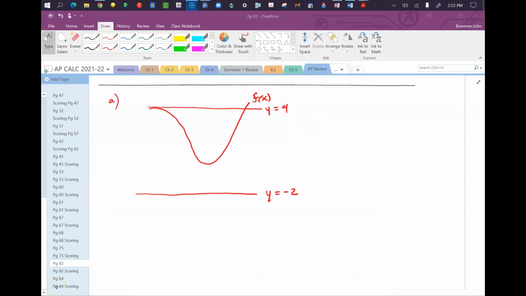Alright, so to help you visualize this, I've redrawn f of x and y is equal to 4, along with the line y is equal to -2, which this is going to be rotated about. Since this is going to be rotated, I think the easiest way to get an idea of what this looks like is to draw a reflection of the image over the line y is equal to -2.